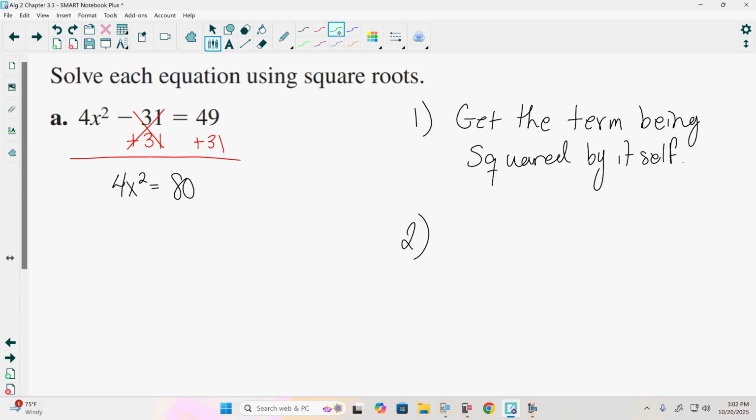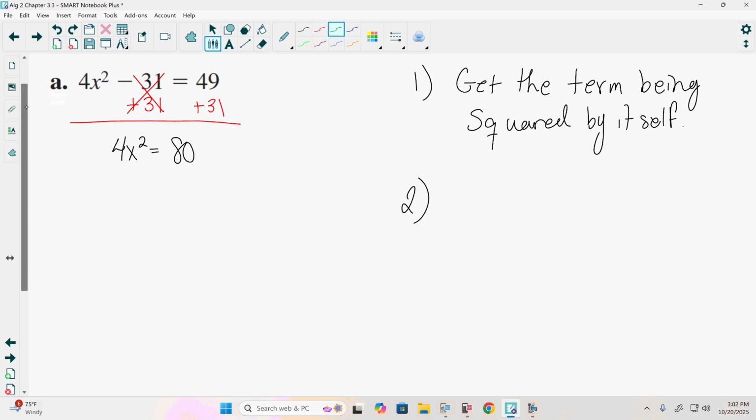Is our x squared term by itself? Oh, we got to get rid of the 4 because we have 4x squared. We need x squared. Because 4x squared divided by 4 is x squared. 80 divided by 4 is 20.